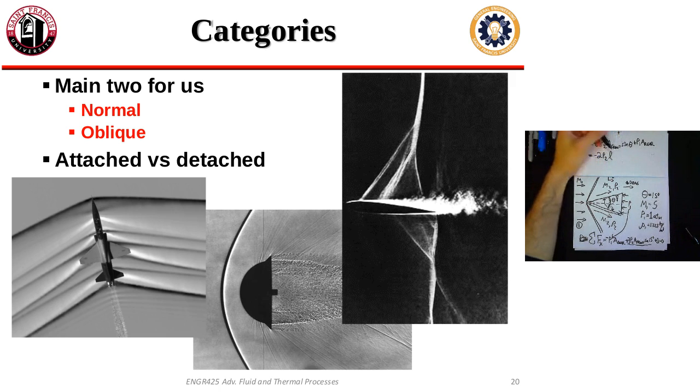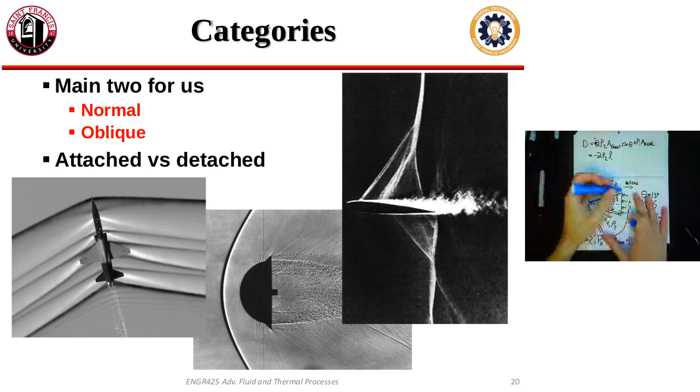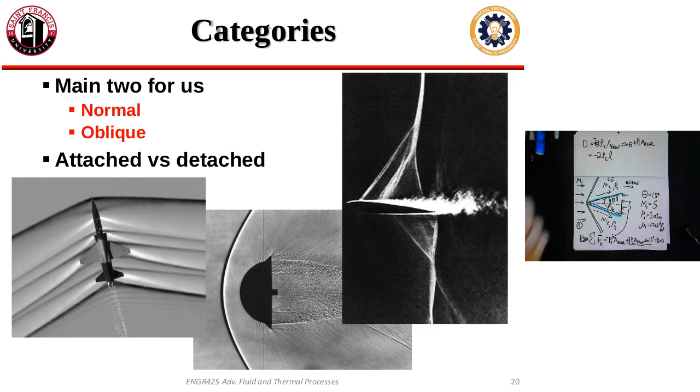So L is the length of that, the length of each of those lines is L. So P2 L sine theta. P1, how do I find the length of the back end of this thing? That would be the sine of theta times the length of it. Yeah, so L sine theta is that there.